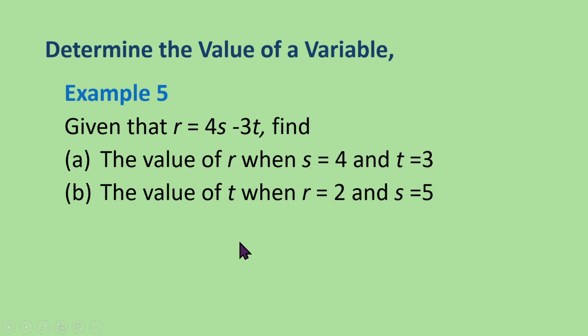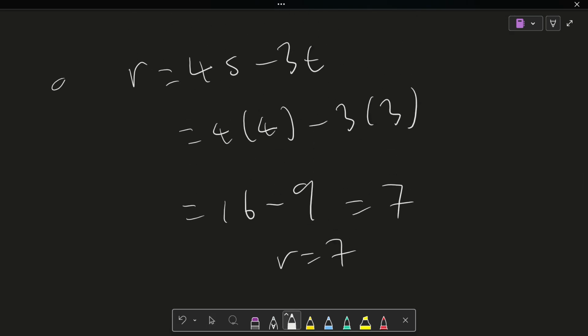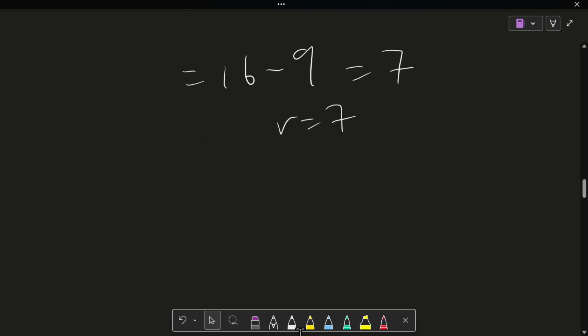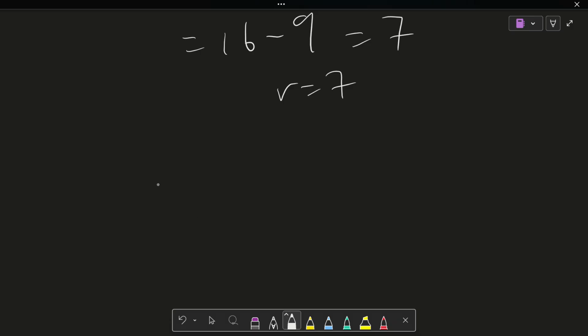Value of t when r equals 2, s equals 5. This was part A. So if we write an equation first, r equals 4s minus 3t.